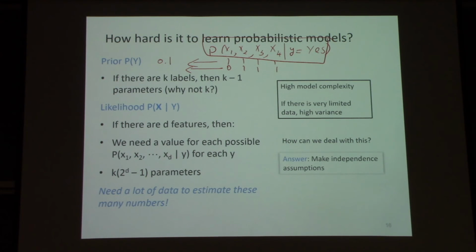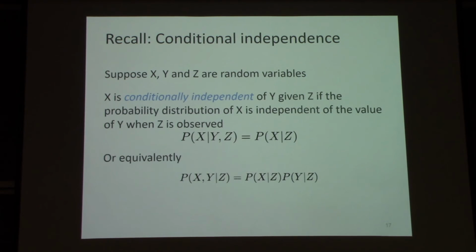What does that mean? Let's review what conditional independence is. Suppose you have 3 random variables, x, y and z. The random variable x is conditionally independent of y, having observed z, if the probability of x given z does not change whether or not you observe y.